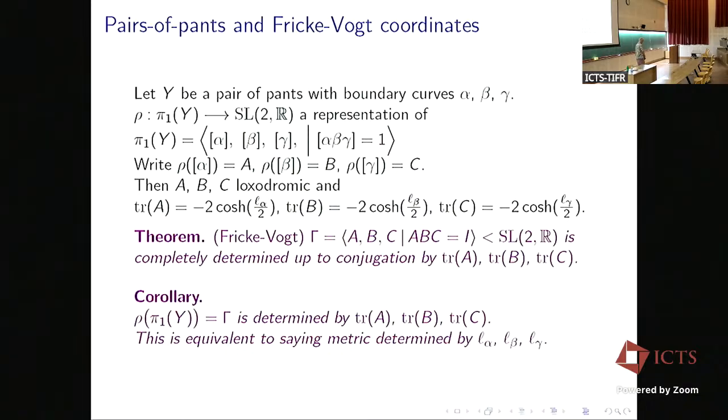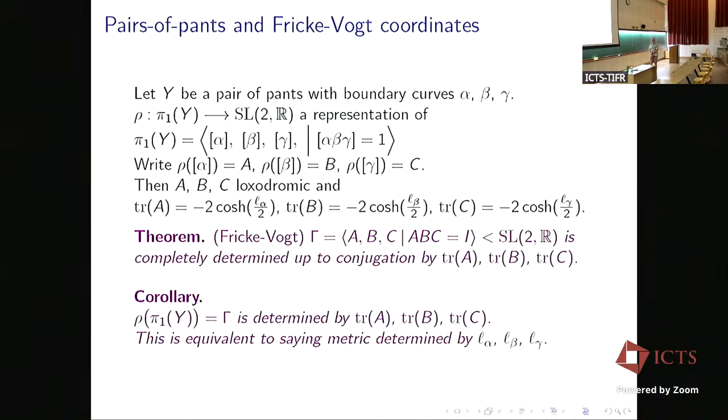I think there's 2 papers there, but they're certainly from around about 150 years ago, not quite 150 years ago. But if you have a representation of the free group into SL2R, then that is completely determined up to conjugation by the traces of A, B, and their product. So in that case, by the trace of A, the trace of B, and the trace of C.